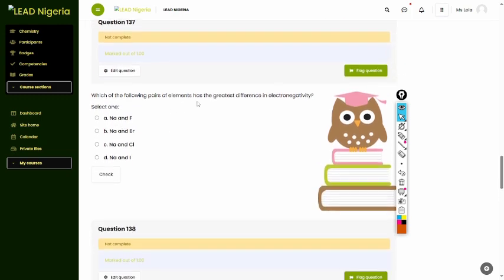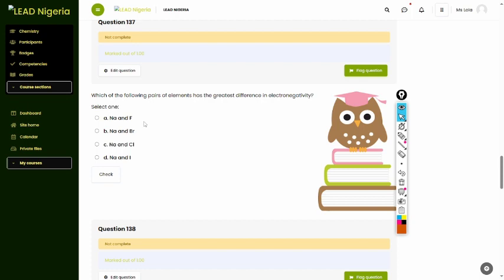Which of the following pairs of elements has the greatest difference in electronegativity? You can deduce the difference in electronegativity from the distance between the groups. Sodium is in group 1, and all of these are in group 7. So we can use the change in the periods of the halogens. The electronegativity of the halogens decreases down the group.